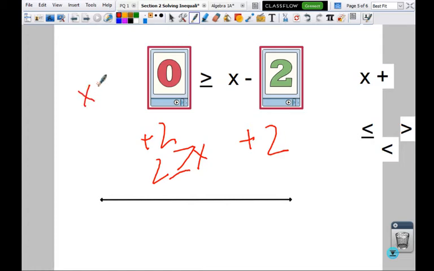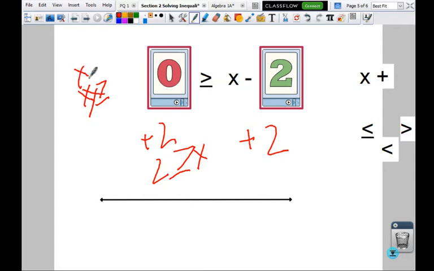So we're going to have x, and then be careful though. Before I flipped it, what's that inequality pointing to, the x or the 2? Which means when I flip it, it still has to point to the x. So flip it around, cross it out and dot above it.